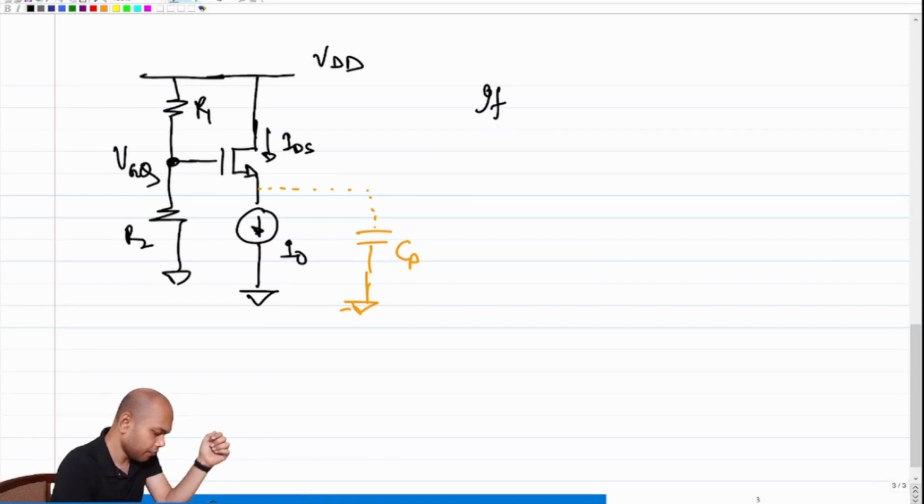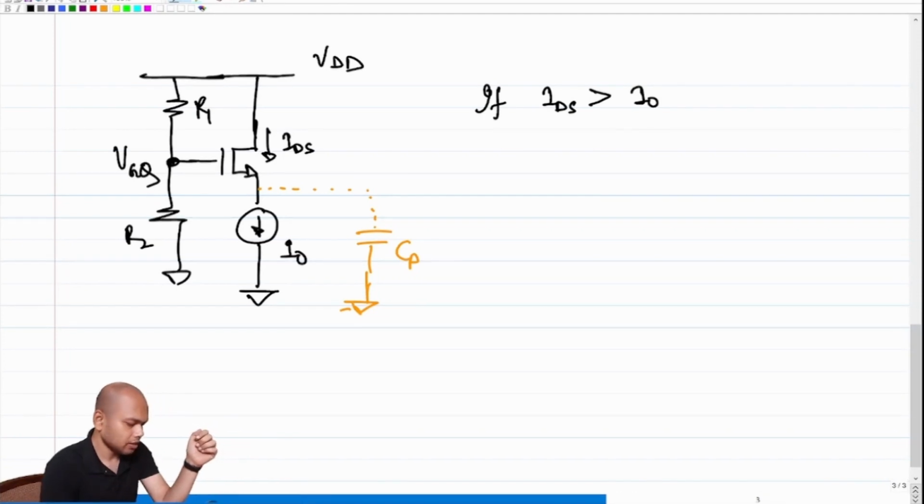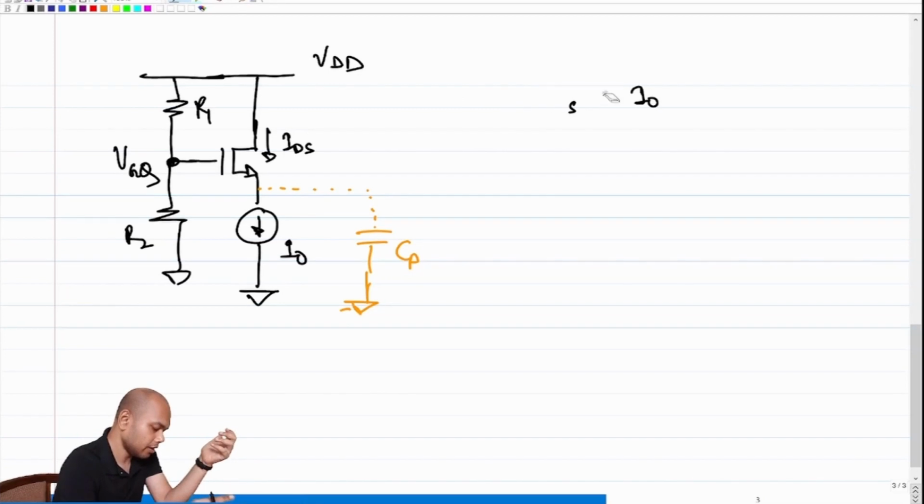What are the three possible conditions? Let me write them down. IDS is greater than I naught, IDS is less than I naught, and the third one is IDS is equal to I naught.